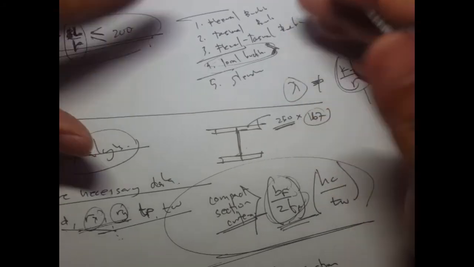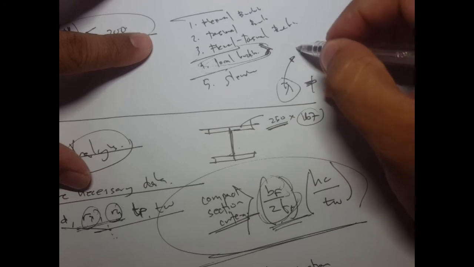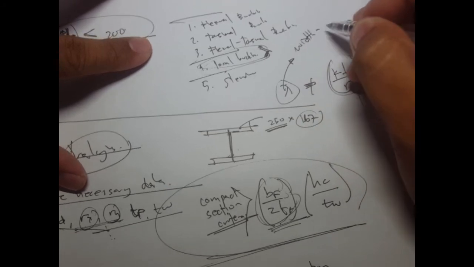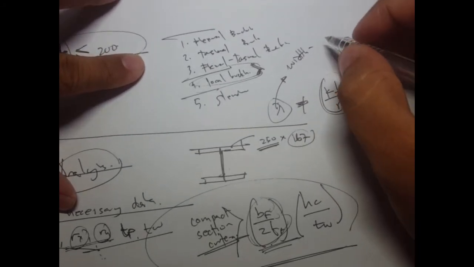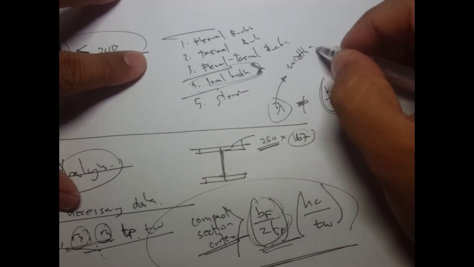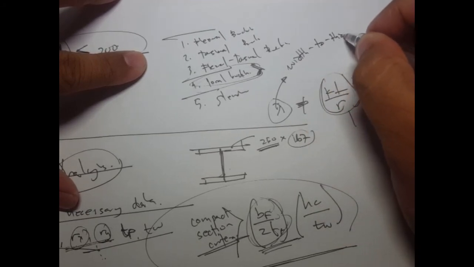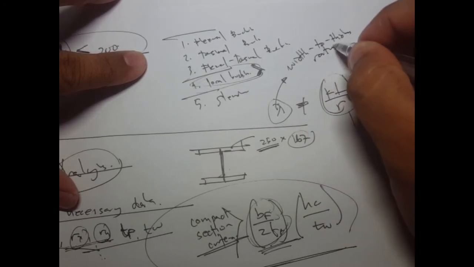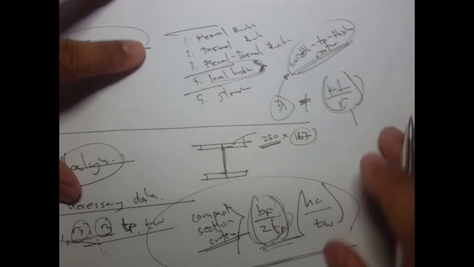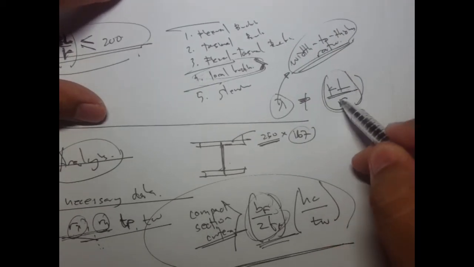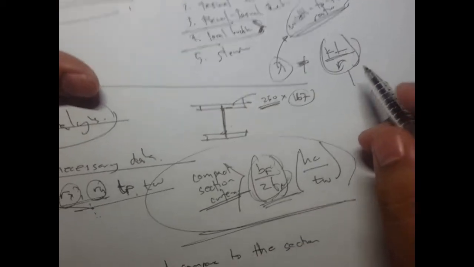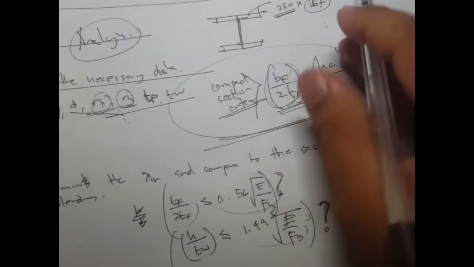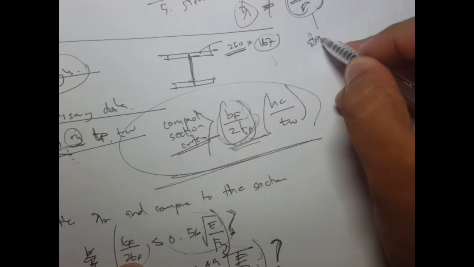This one is just referred to as slenderness, but actually this refers to the width; a more precise definition is width to thickness ratio. So KL over r is the slenderness ratio.